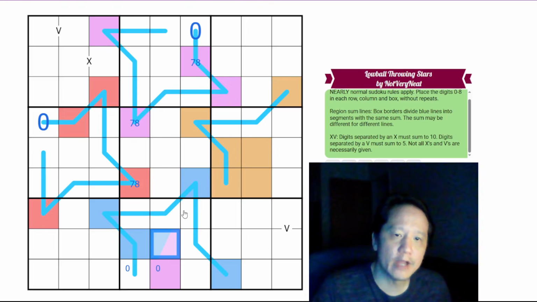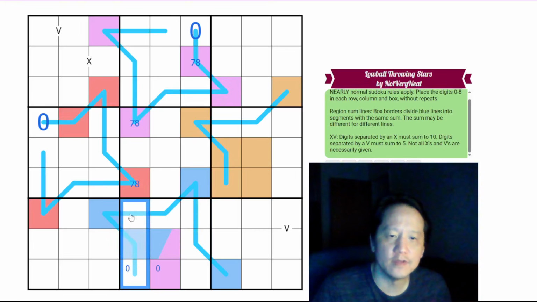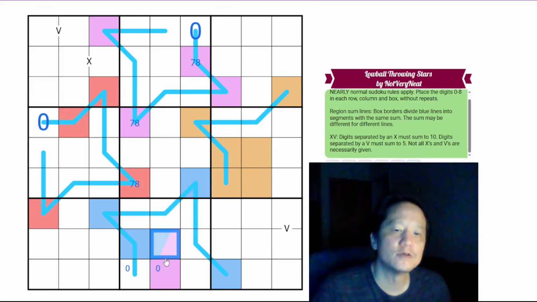Where is red in this box? Cannot be any of these cells on the region sum line, because again, blue is smaller than 7 or 8, so it must be one of these 3 cells.